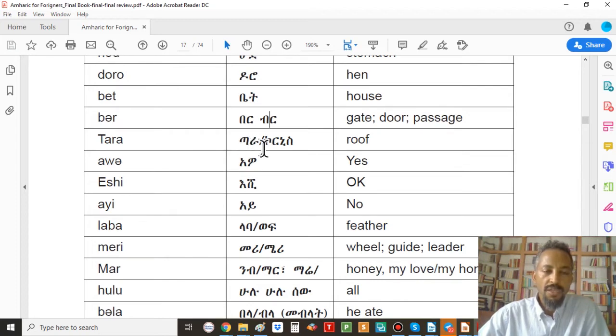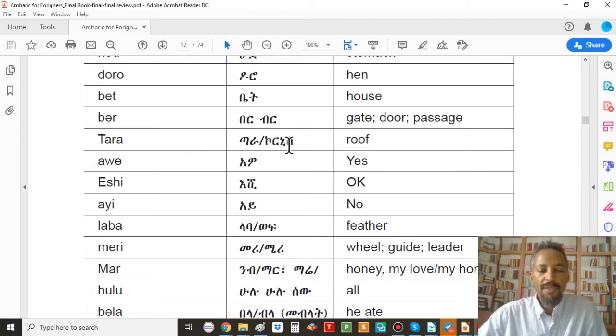Next one, tara, which means roof. What is after the slash is cornice, again just to show the association for studying the vocabulary.